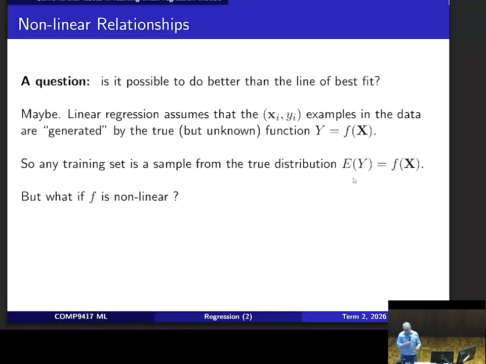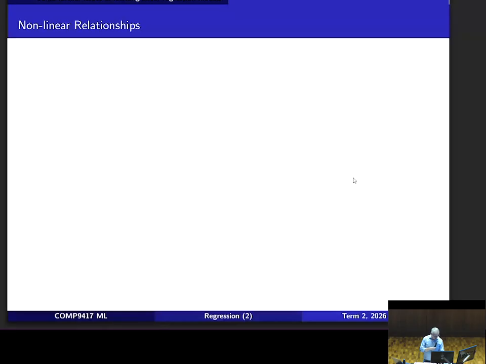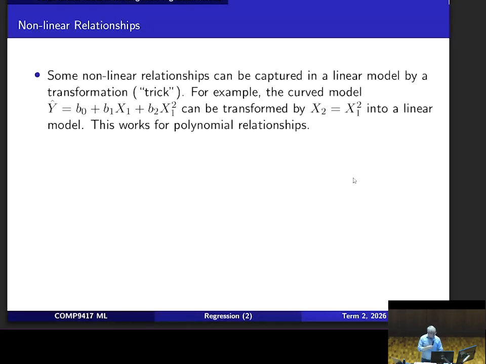But if it's not linear, then we should really extend the model class, right? So remember, right back at the beginning, I said we make an assumption about the model class, we define a loss function, and then we try and fit it. If it's nonlinear, you could still use linear modeling. Obviously, there's other algorithms that we're going to get to.